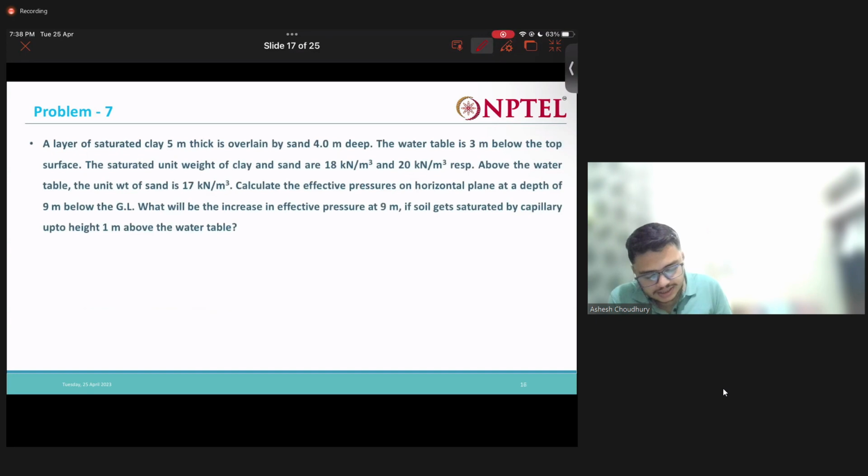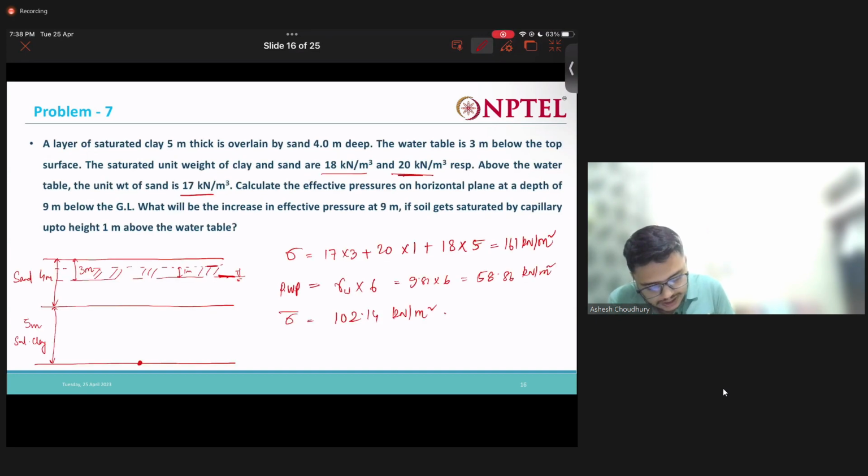The only change is, if you are asked what is the pore water pressure at this level, then you can say it is minus 1 into gamma w. Otherwise, at other points there won't be any change. If someone asks what the pore water pressure is at this level, previously it was 0, now it will be minus 9.81.